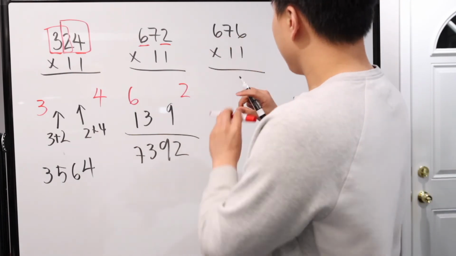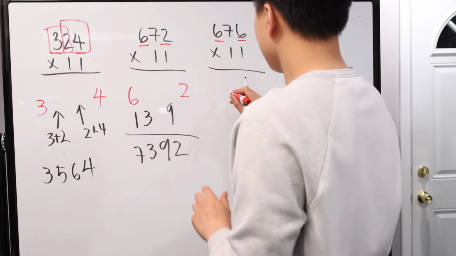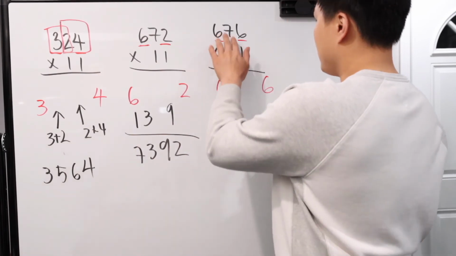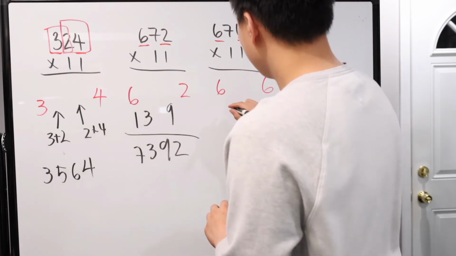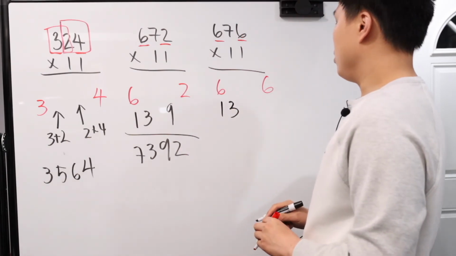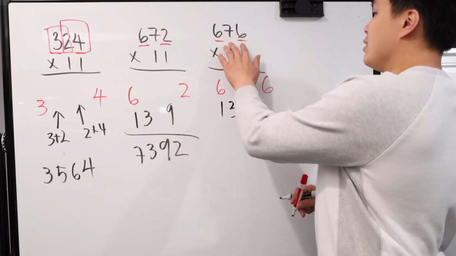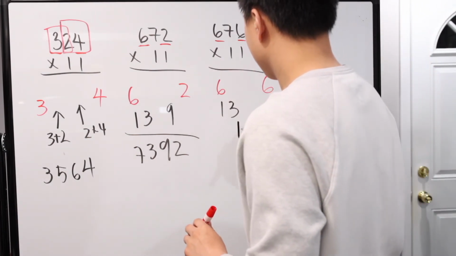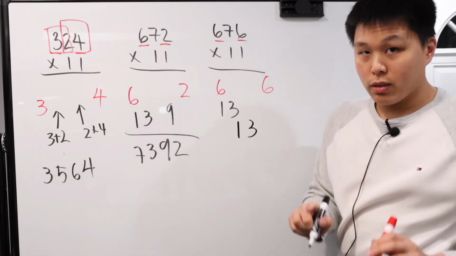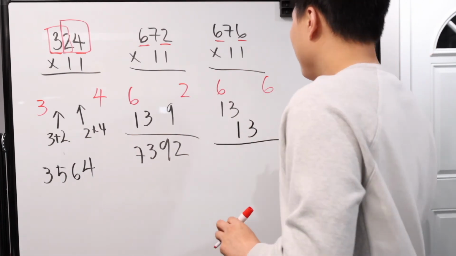All right, so we have 6 and 6. Split them up. 6 plus 7 is what? 13, right? So we have 13 here. Oh no. And then what? 7 and 6, we have 13 again. 13 here. That's the odd one, right? But I want you guys to see it anyway.